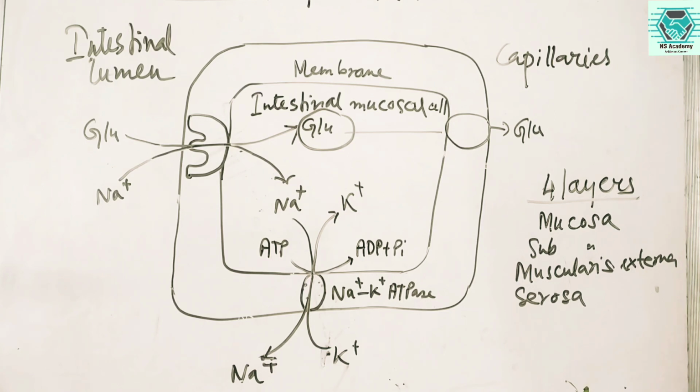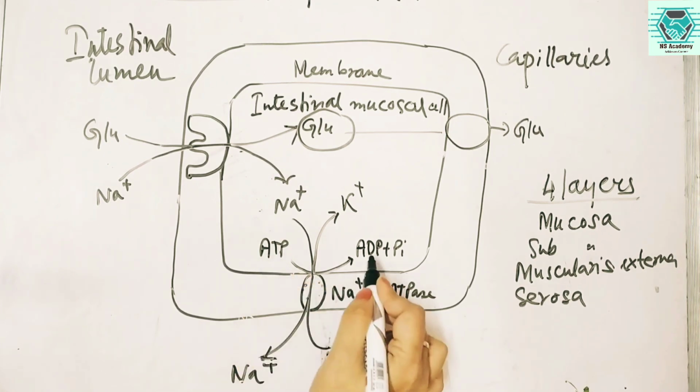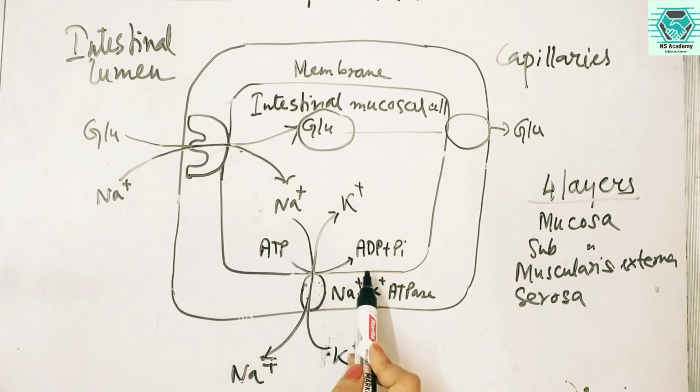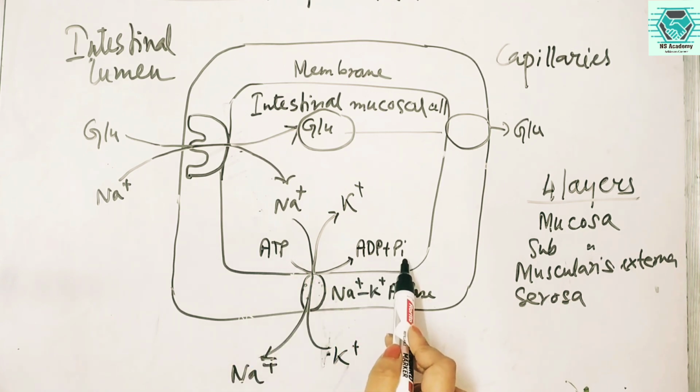The energy is indirectly supplied by ATP, since sodium has to be pumped out against the concentration gradient, back into the intestinal lumen. So this is an energy requiring process, and here ATP is required. The triphosphate breaks down into diphosphate, so one Pi is released.